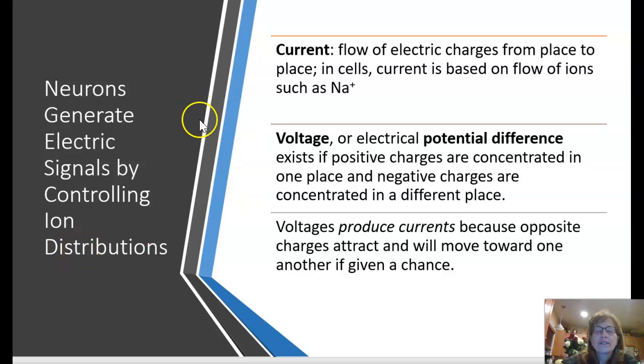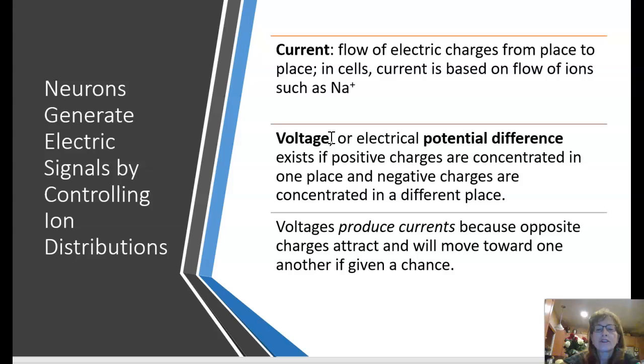So neurons generate these electrical signals, and they do it, as you know, because they create this gradient of a lot of sodium ions outside, and more of a negative charge is maintained inside a neuron. That difference in the electrical potential, right? So we talk about potentials a lot, is really what can be referred to as voltage.